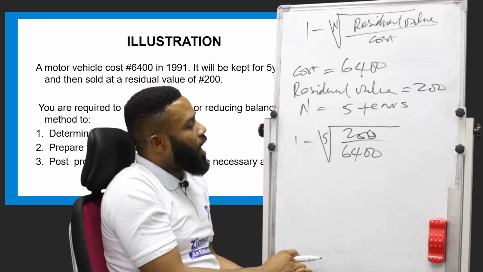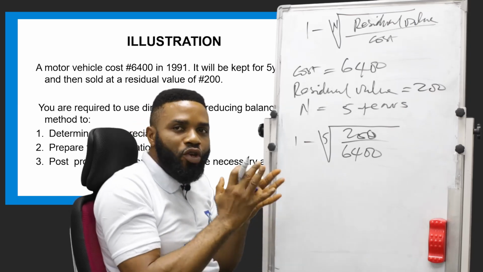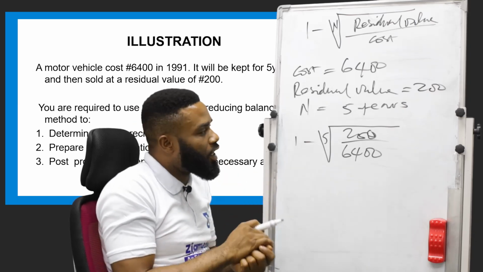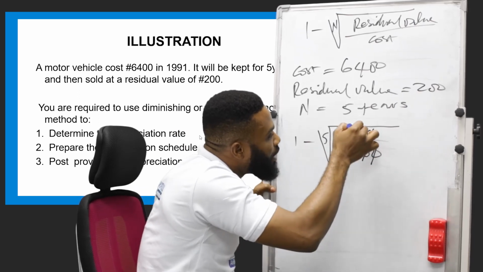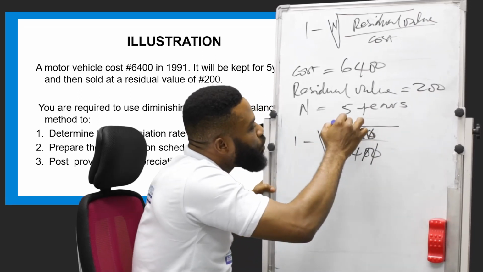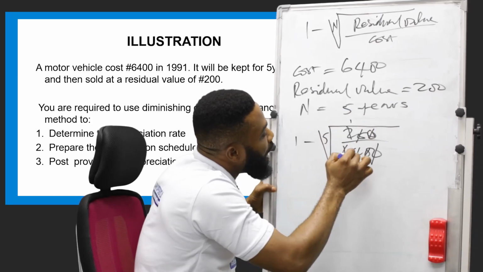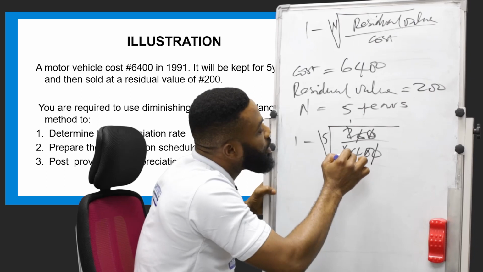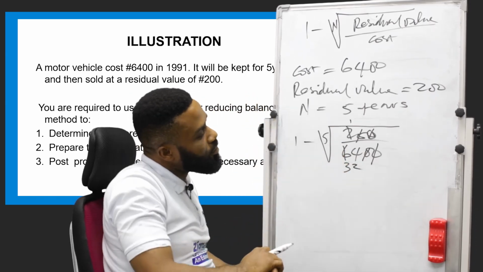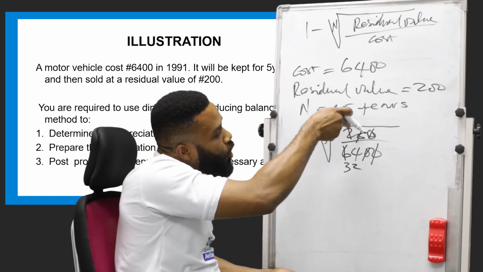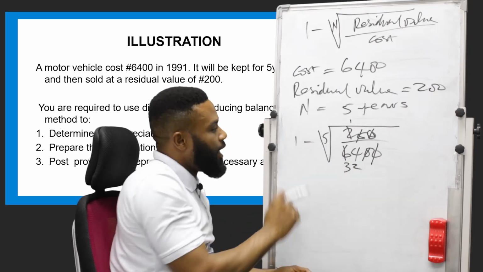Now, this is what we are looking for. We are looking at the percentage that will be used to determine the depreciation in each of the years. So this 0 cancels this 0, and 2 into 2 is 1. 2 into 64 is 32.